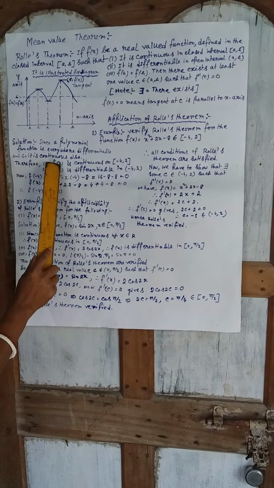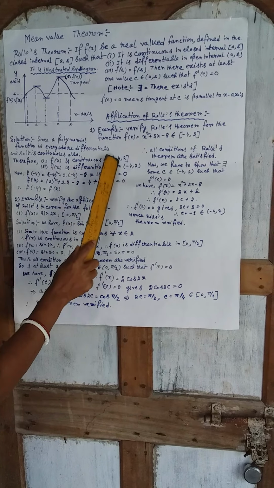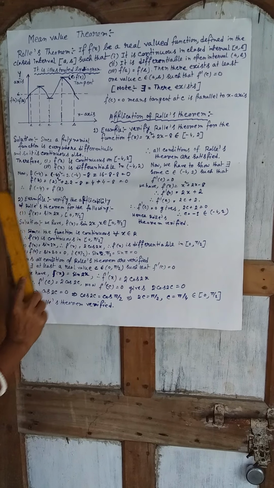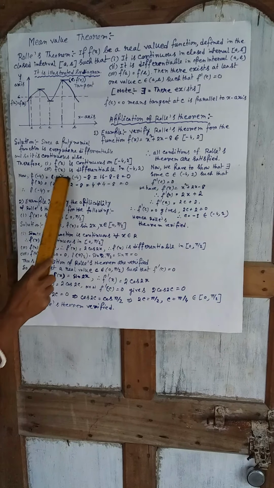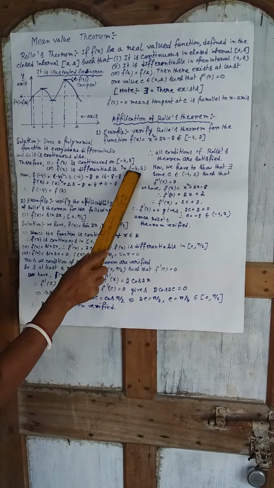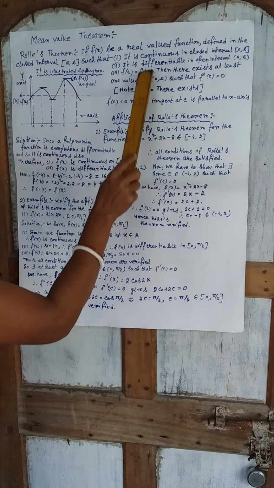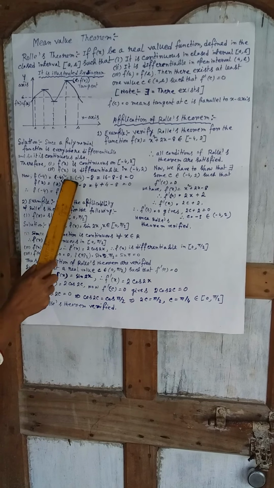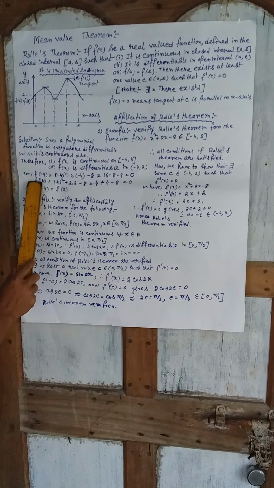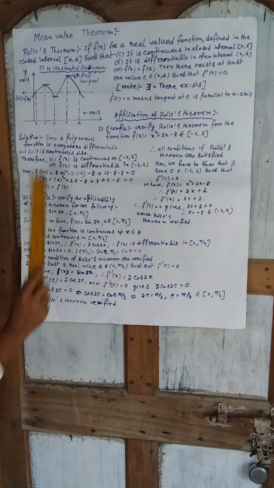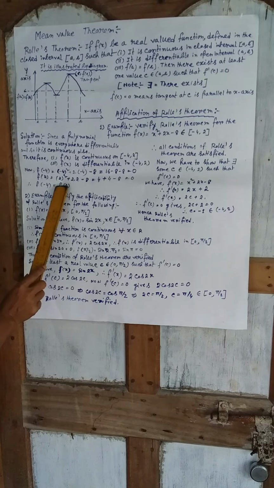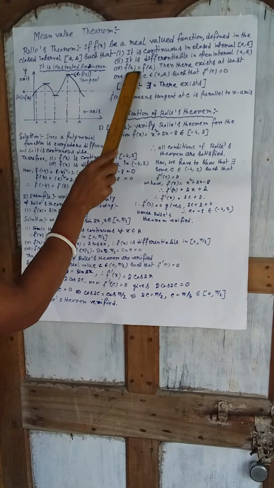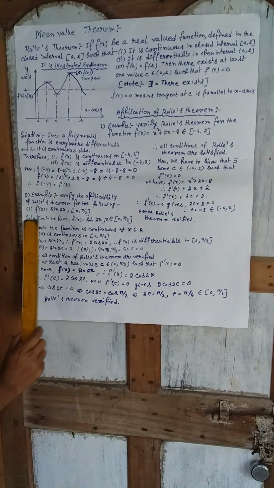Therefore, number 1, f(x) is continuous on [-4, 2] as per Rolle's theorem. Number 2, f(x) is differentiable in (-4, 2), that is the second condition. And now f(-4) equal to what? 0. And f(2) equal to 0. Then f(-4) equal to f(2), that is the third condition, f(a) equal to f(b).